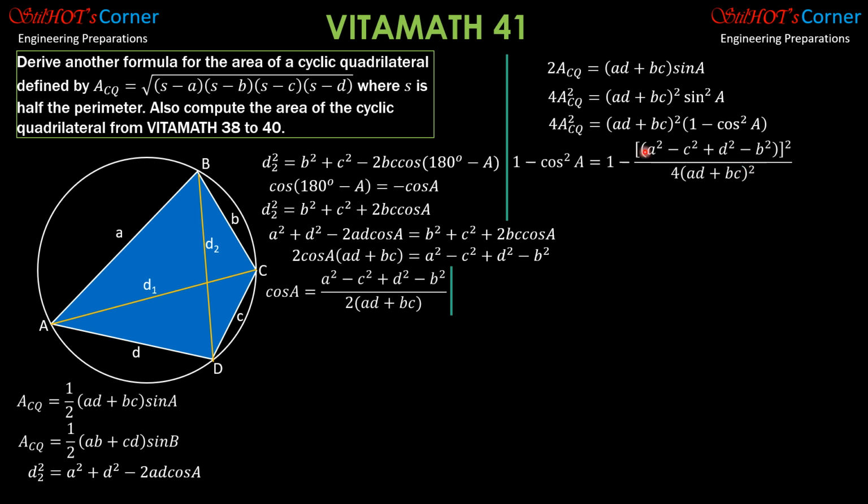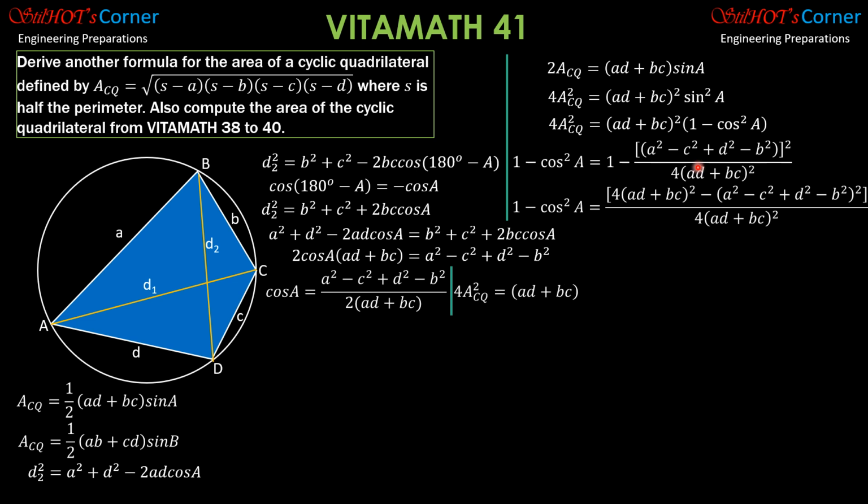So we then substitute into this equation here. So 1 minus cosine squared of A is equal to quantity 4 quantity AD plus BC squared minus quantity A squared minus C squared plus D squared minus B squared closed square, all over 4 quantity AD plus BC squared. So substitute this value of 1 minus cosine squared of A into this equation here. So 4 area of cyclic quadrilateral squared equals AD plus BC quantity squared times, let's copy this expression.